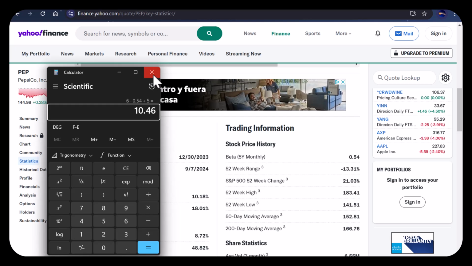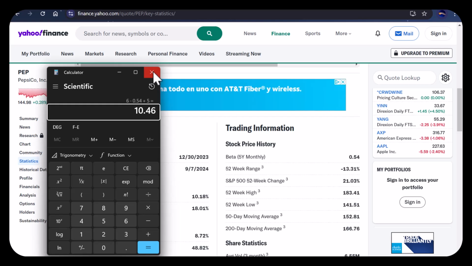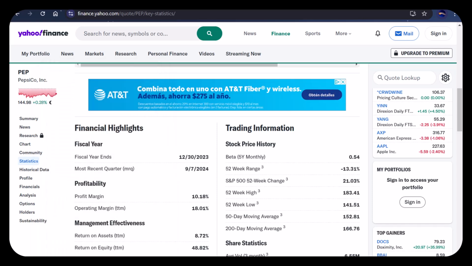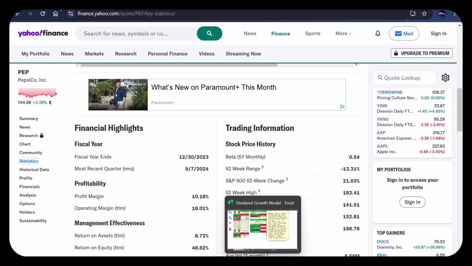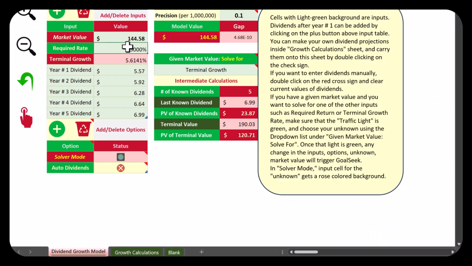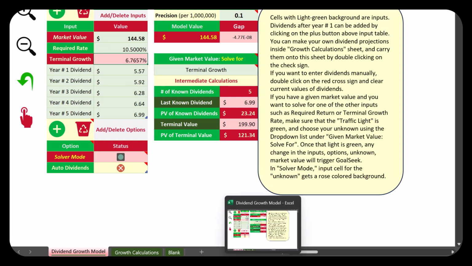Okay, 10 and a half maybe. That sounded kind of high, but hey, we'll just do an exercise. Now this says for the current price of Pepsi to be justified, the terminal growth rate needs to be 6.76. That sounds a little bit high.